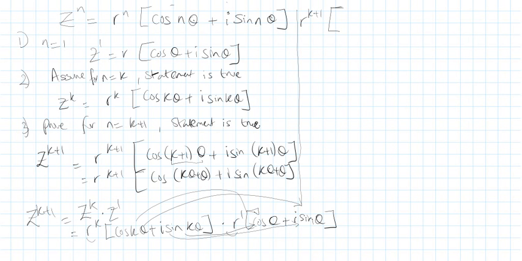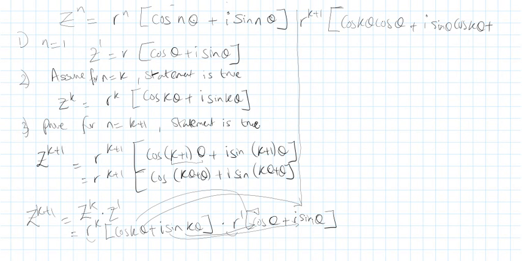I'm going to write the statements here. So when cos kθ gets multiplied to cos θ, you get cos kθ cos θ. Alright? Then cos kθ gets multiplied to i sin θ, you get plus i, you could write the sine θ first if you want, so i sin θ cos kθ, plus the i sin kθ gets multiplied to the cos.